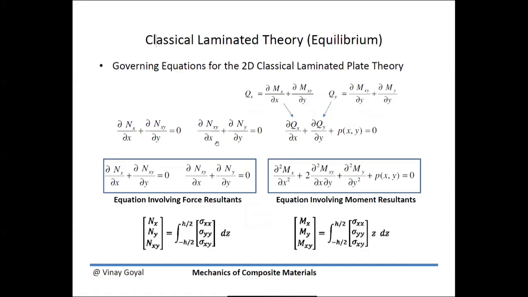And then I have these two equations which are related to force resultants. We have defined already for you that Nxx is the integral from minus h half to h half of sigma xx, Ny is the integral of sigma yy, and Nxy is the integral of sigma xy. Likewise, the moments are the same as these force resultants, but with z multiplied by it.